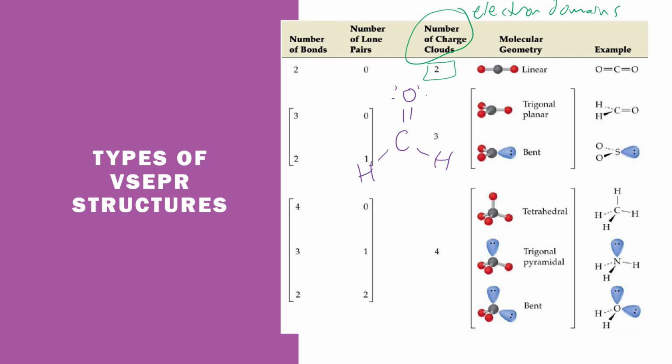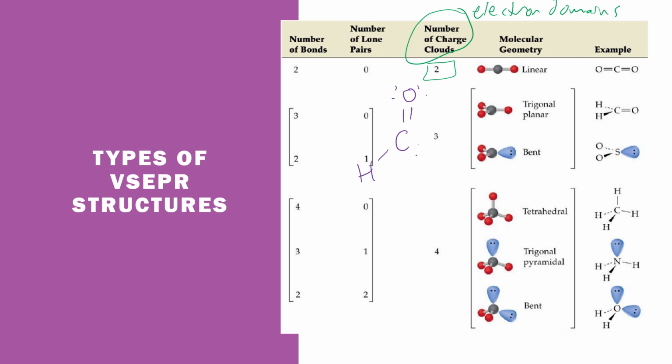What happens sometimes is we have things that will have a lone pair on the central atom. If one of those areas of electrons is actually a lone pair, then we call it bent. It still has trigonal planar electron domain geometry because it has three areas of electrons. We just distinguish that one of them is a lone pair by calling it bent.